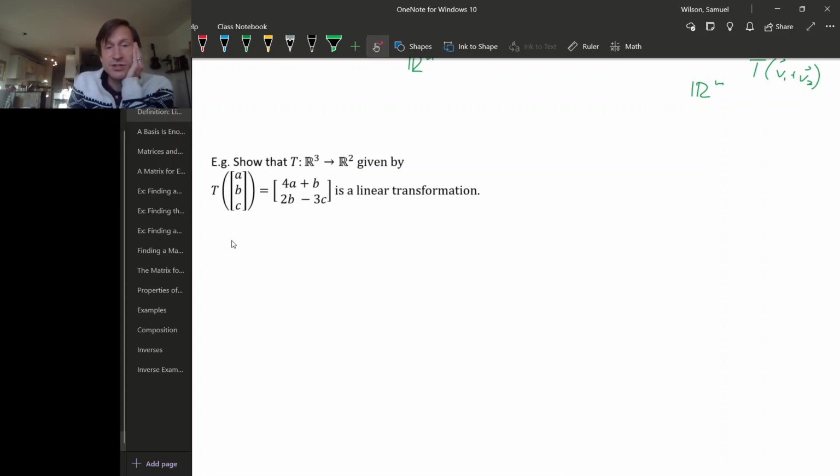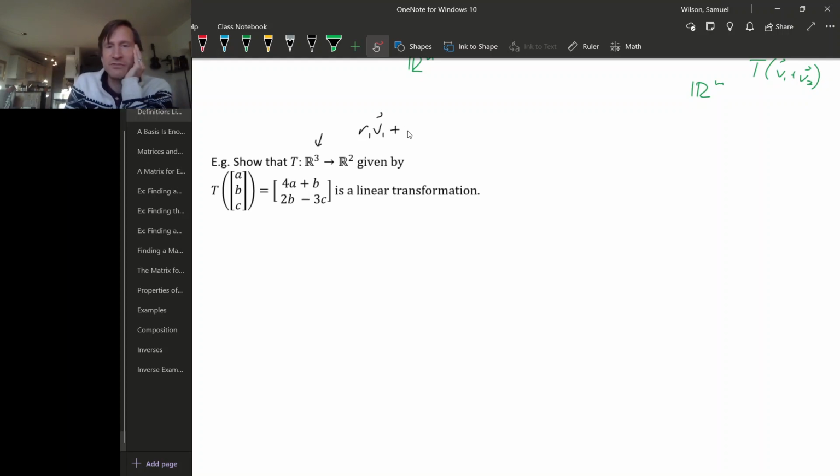So we just need to take two vectors in R3 and take any arbitrary linear combination of them. When I say two vectors, I mean two general vectors. We can't actually pick vectors with numbers in them. We need our vectors to represent any vector in R3, and so the entries will have to be variables.